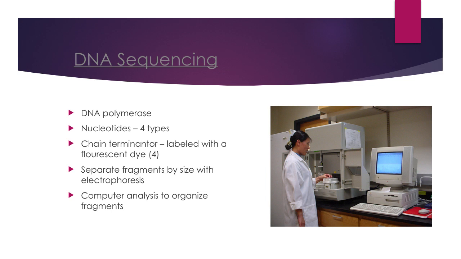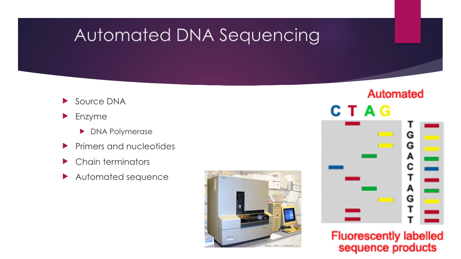When the enzyme DNA polymerase adds a chain terminator, that terminates the copying, and so it makes shorter copies of a DNA molecule. These short fragments can be separated by size with something called electrophoresis, and a computer analyzes the fragments. There's the machine there.